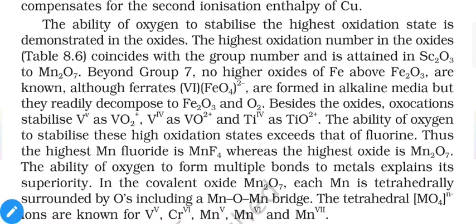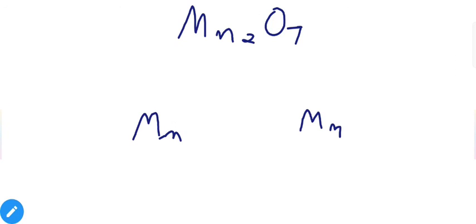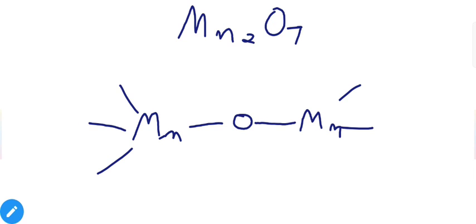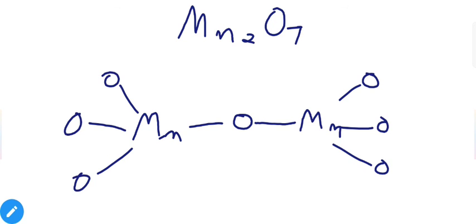In covalent oxides like Mn2O7, each Mn is tetrahedrally surrounded by oxygens, including an Mn-O-Mn bridge. And tetrahedral metal oxides, tetraoxides, are known for vanadium, chromium and manganese, in 2 different and 3 different oxidation states of manganese. So the structure of Mn2O7 will be something like this. They have a bridge of oxygen and each Mn contains 3 oxygens in a tetrahedral shape around it.